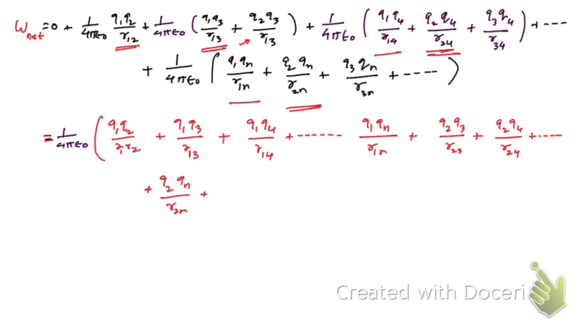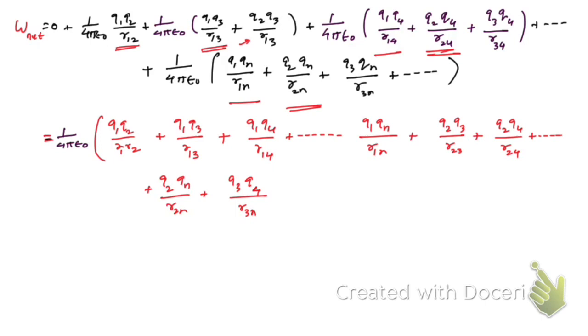Then again we start with q3, q3 q4 by r34. When we start with q1, the other source is q2.